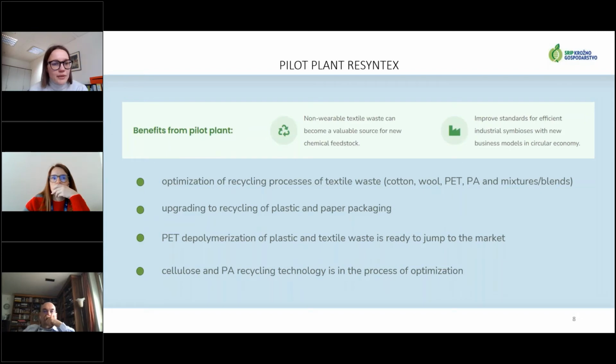They are now in the process of upgrading the plant to recycle plastics and paper packaging. They have the polymerization process of plastics and textile waste already developed in very high TRL levels, so they are able to perform on the market already. However, cellulose and PI recycling technology is still in the process of optimization.